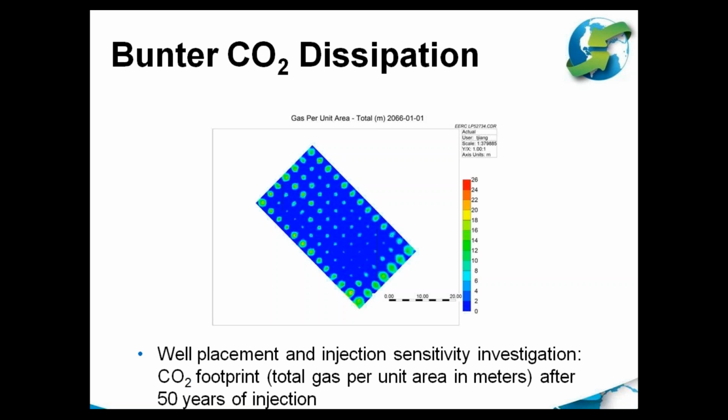What you'll notice, of course, is the highest levels of saturation around the periphery of the model area as compared with CO2 in the center.